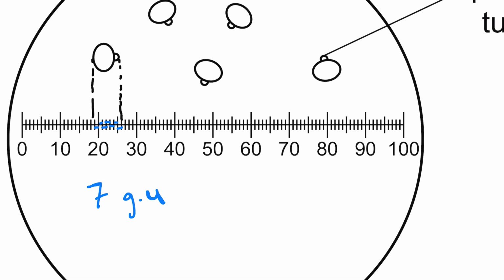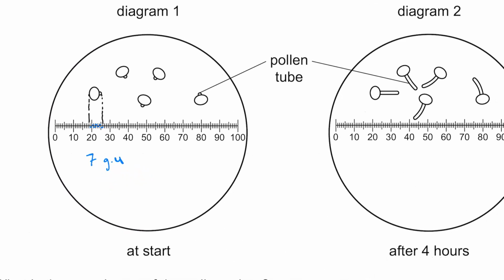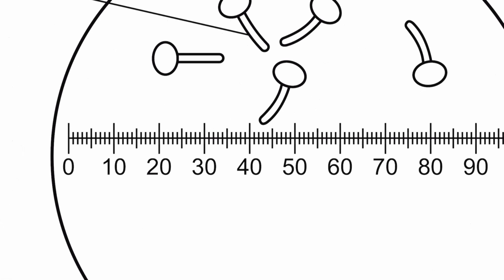So the initial length of the pollen grain is 7 graticule units. Let's look at the final length of the pollen grain. Okay, so how many graticule units? 1, 2, 3, 4, 5, 6, 7, 8, 9, 10, 11, 12, 13, 14, 15, 16.